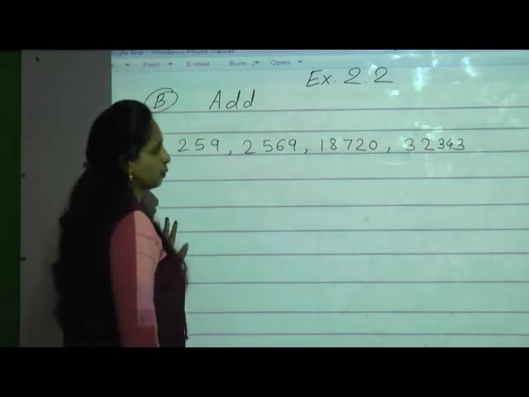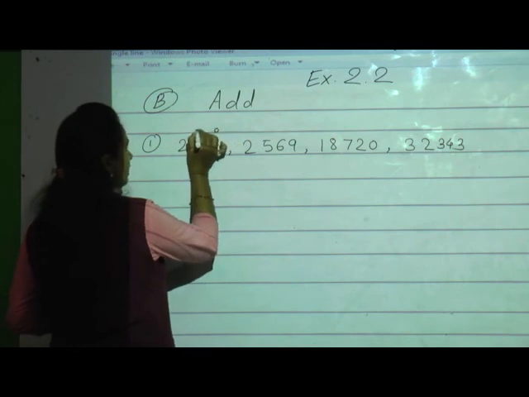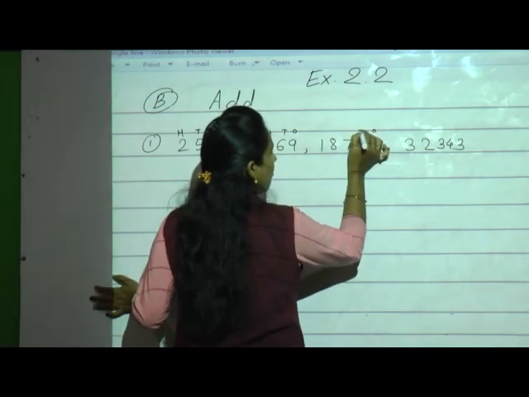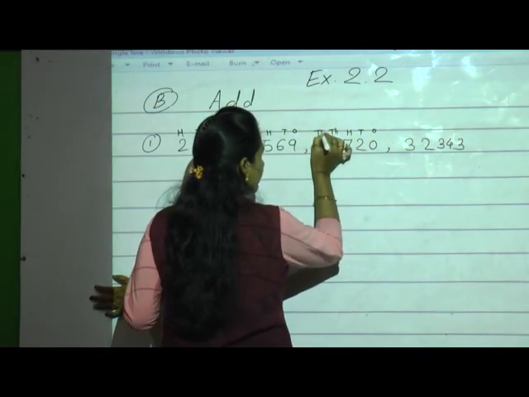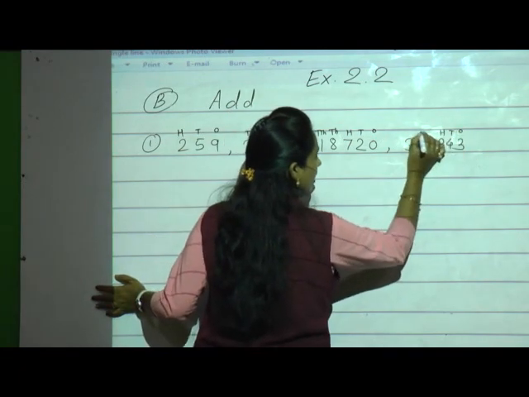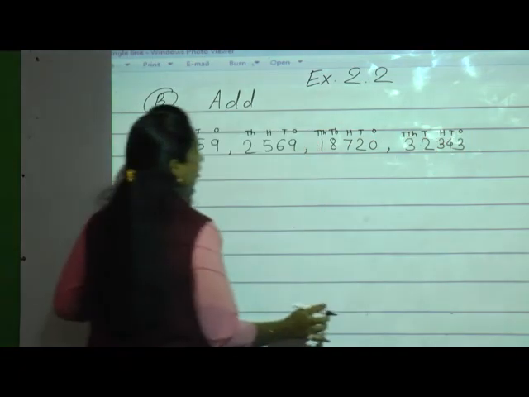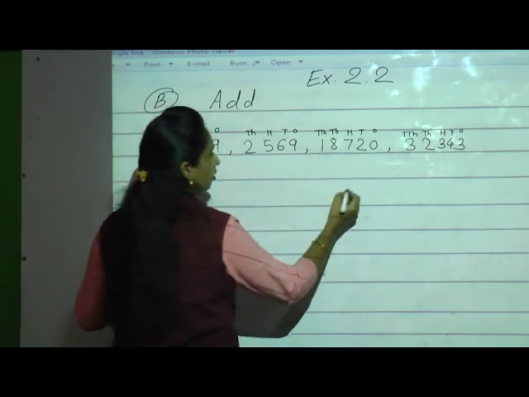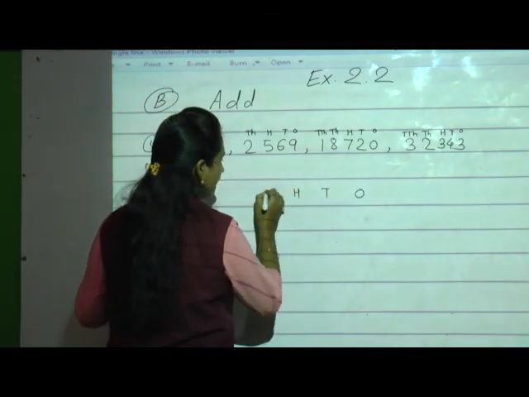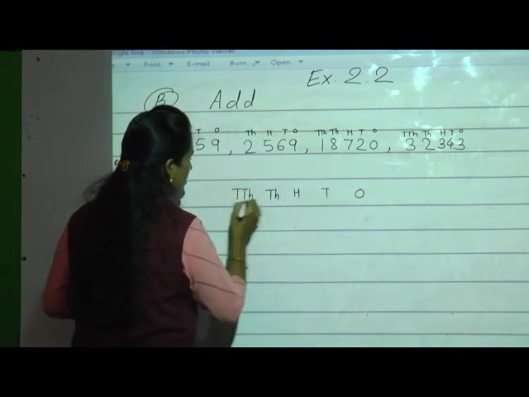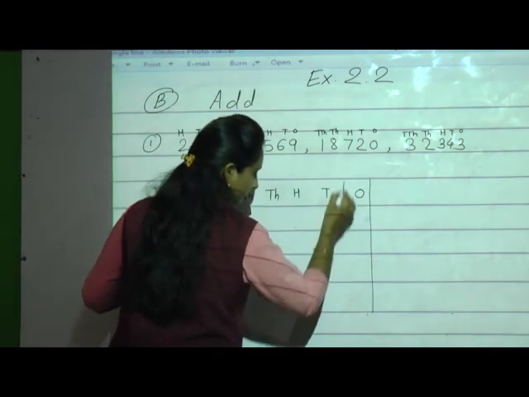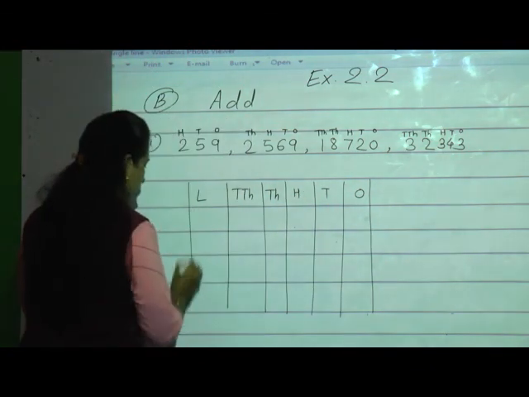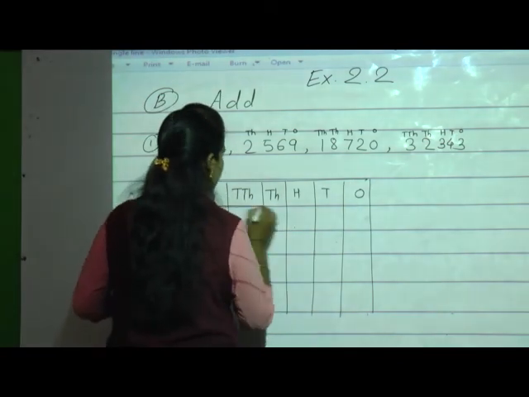So what I suggest to you students, first give the place values: ones, tens, hundreds, thousands, 10,000s, till lakh. I will draw here these columns; you have to draw them with pencil.